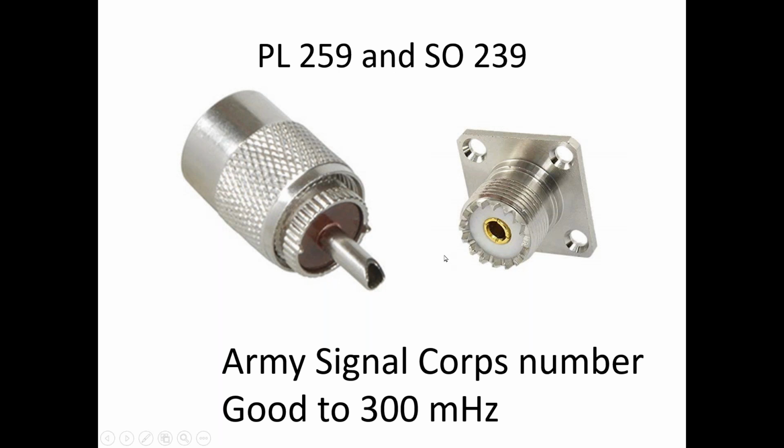Now that can vary also. It could be a different number in the Navy or in the Air Force. It depends on what their specs are. What I want to point out in this picture quickly is the relationship between the inner conductor and the outer conductor. In order to accept this plug, you need this bump out.